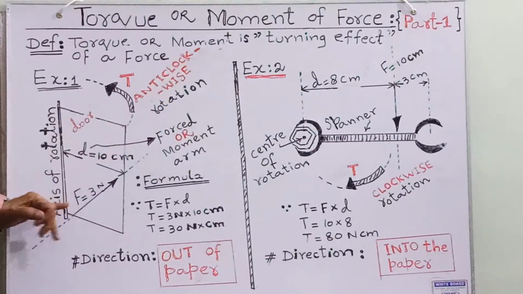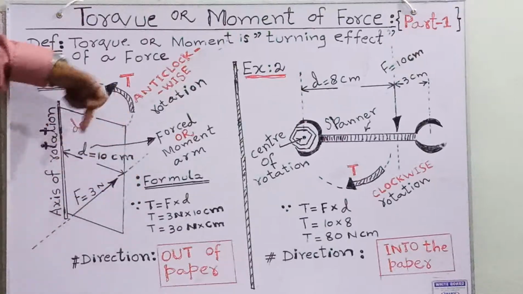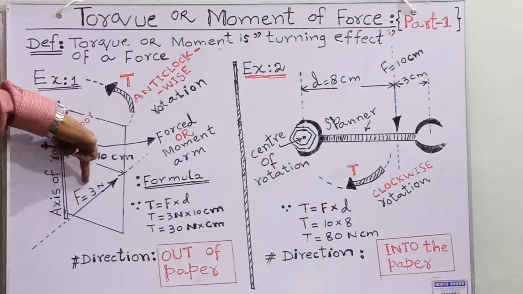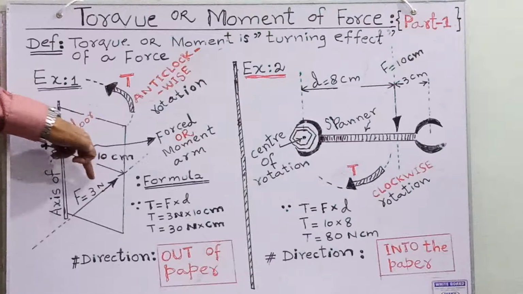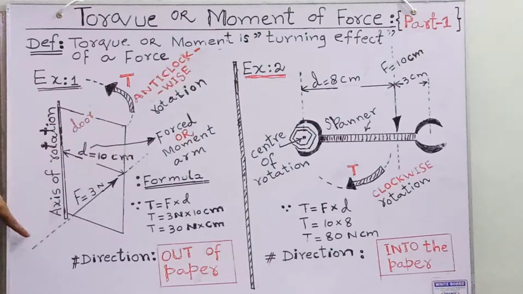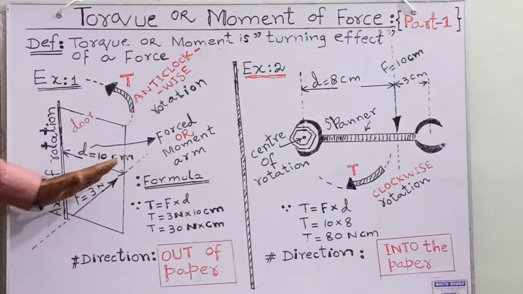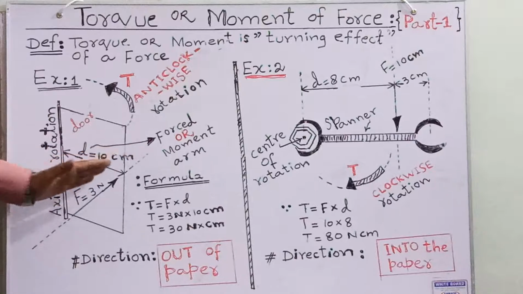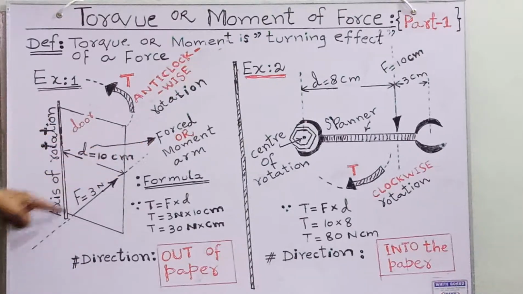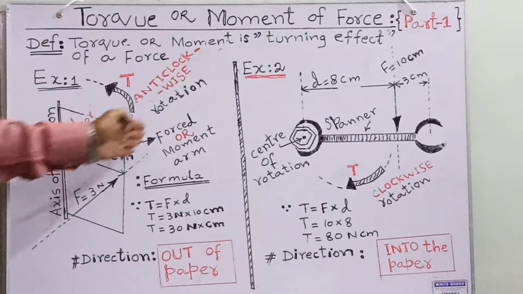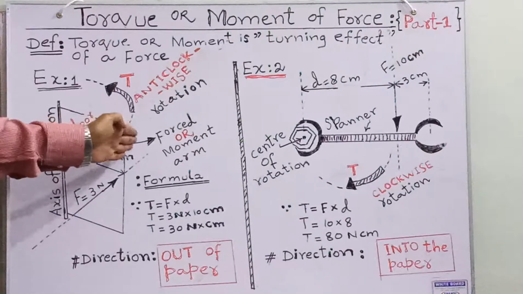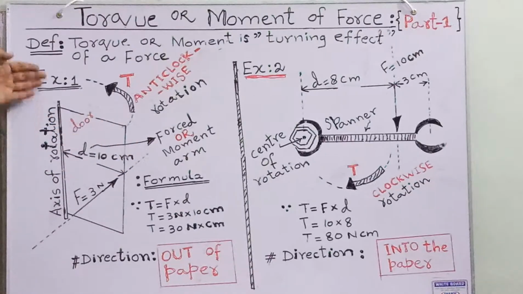It means I am applying the force. The magnitude of this force is 3 Newton. This dotted line shows that the force will turn the door in this direction, in the inward direction, like that. Clear? This is the line of the axis of rotation, and this is the line of action of the force.